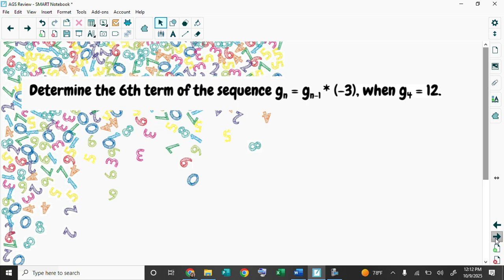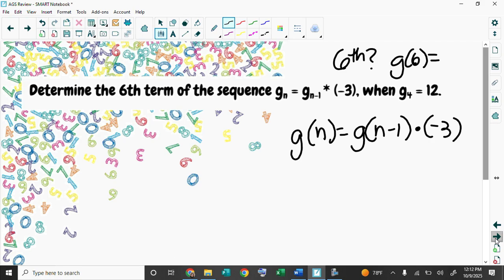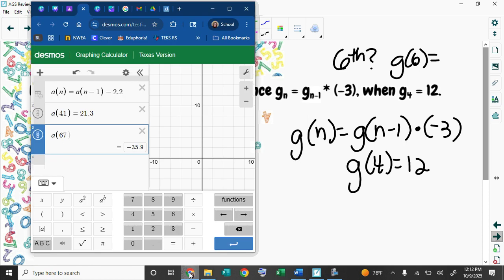Same thing. I need to know what the sixth term is. So I need to know what g of 6 equals, when g of n equals g of n minus 1 times negative 3, and g of 4 equals 12. Coming over here, I'm going to be lazy, and it doesn't matter what your letters are.